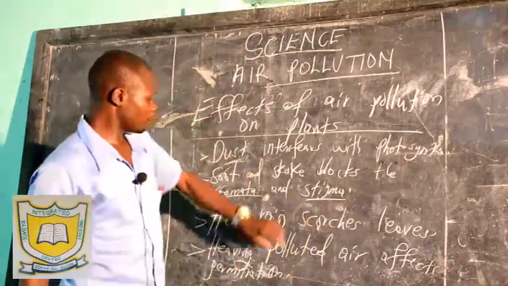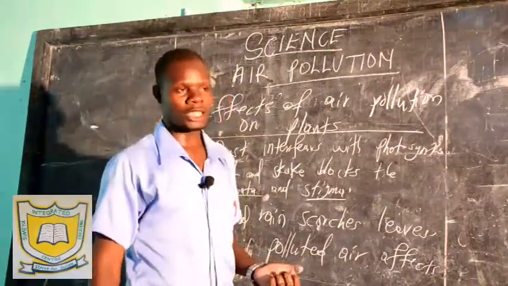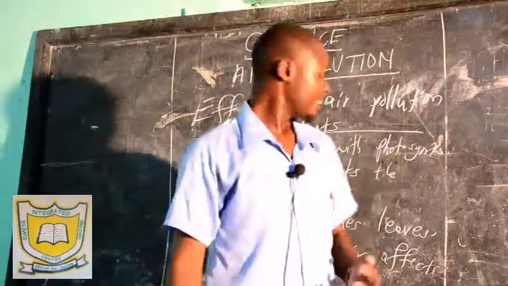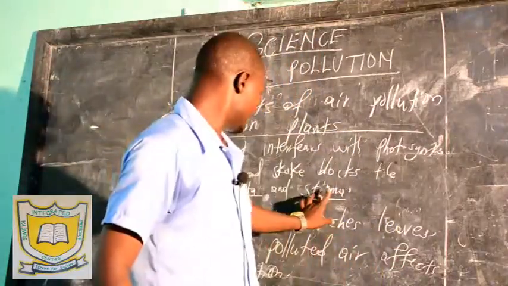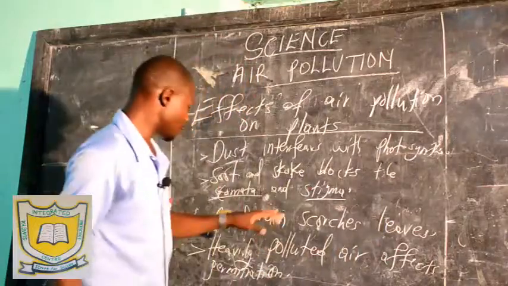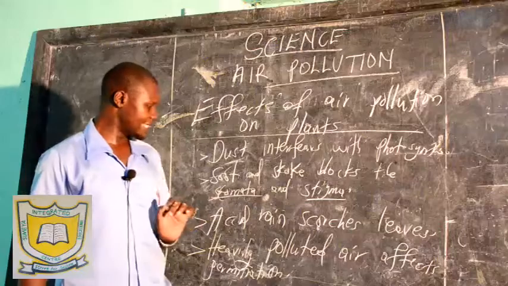So you find that fertilization is not taking place and now interferes with the reproduction in plants. The flower being the main reproductive part of the flowering plant, the stigma is blocked. Now reproduction is affected.